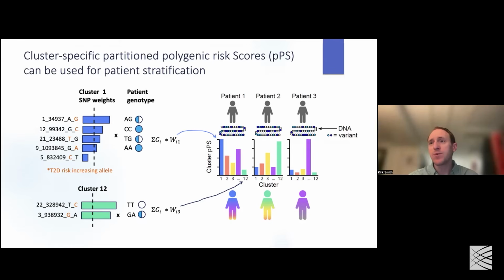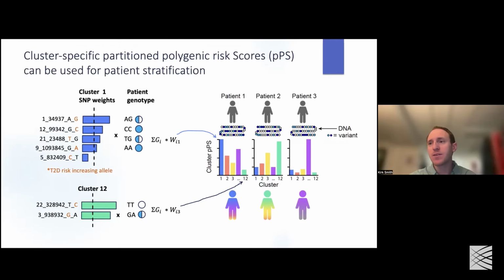For a given patient, we then pull their genotype dosages at those SNPs. These are shown in the blue circles, and so these will be either a 0, 1, or 2, depending how many alleles that patient has for the given SNP. We then compute the dot product to get a partition PRS for the cluster. This is repeated for each cluster to build a PPS profile for that patient.